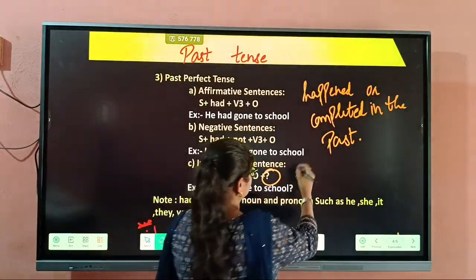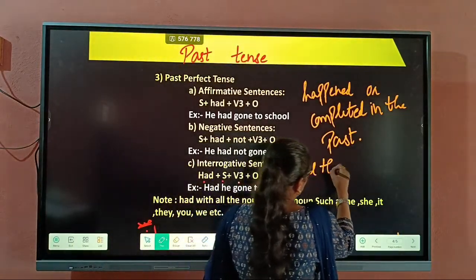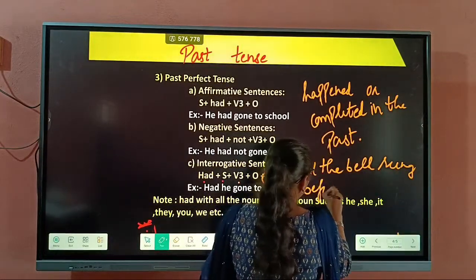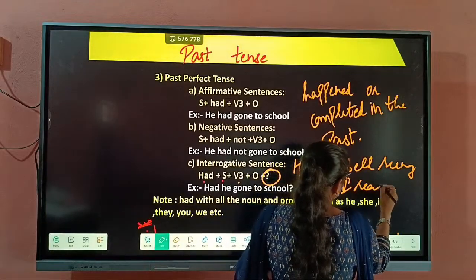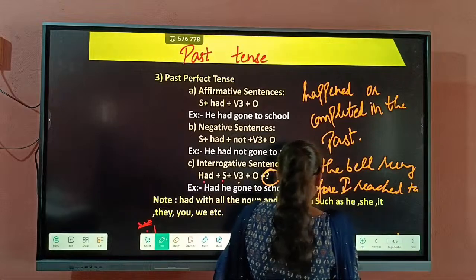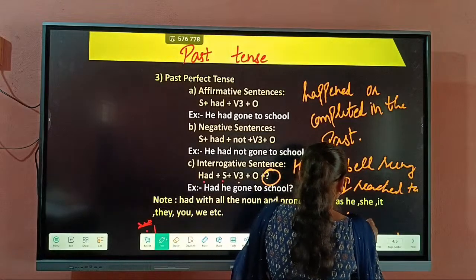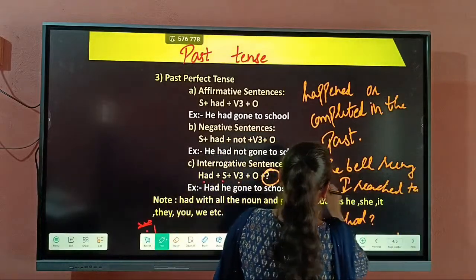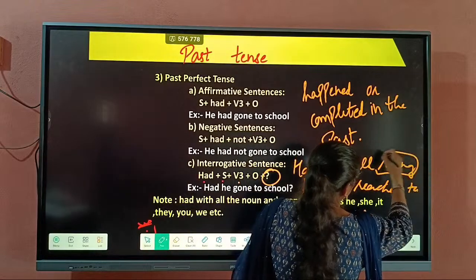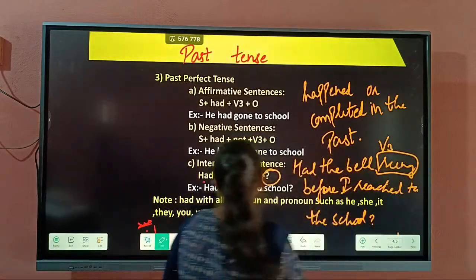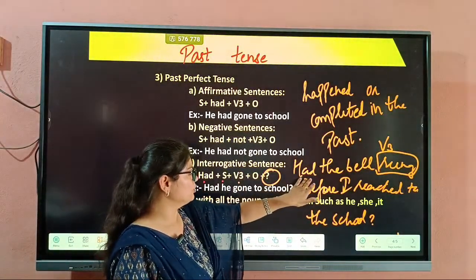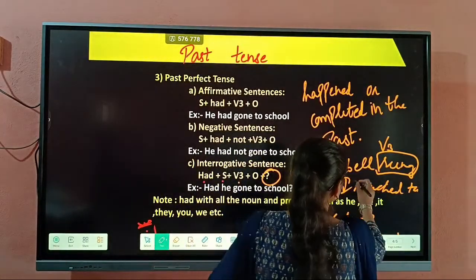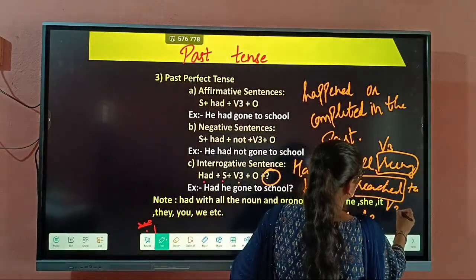So, had the bell rung before I reached to the school? Question mark. Rung, this is the verb's third form. Had, this is the helping verb. Before I reached. Reached is also here verb's third form.